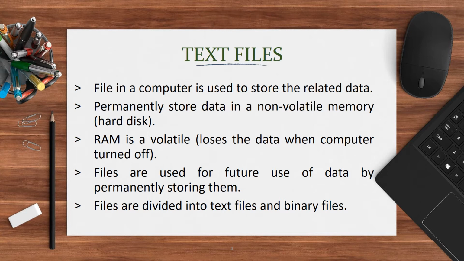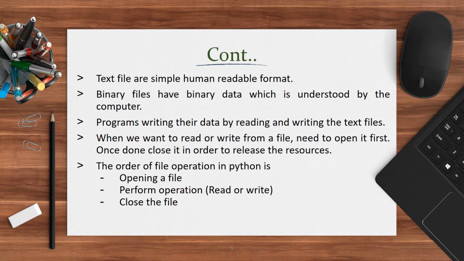Files are divided into text files and binary files. A text file is simple and in a human readable format, whereas binary files have binary data which can be understood by the computer. Programs maintain their data by simply reading and writing into the text file.